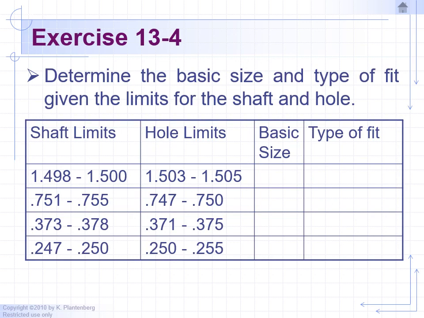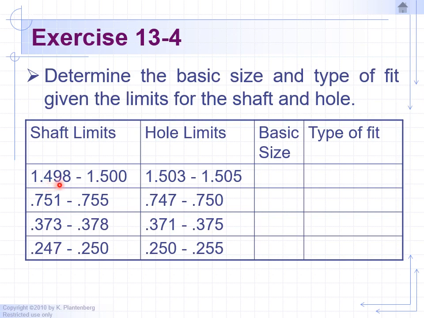All right, so let's take a look at some examples. This is what you're going to be doing in your assignment. You're going to be looking at the relationship between the shaft and the hole. Okay, so let's take a look at a shaft. Here are the limits. So this is what's allowed for the diameter of the shaft.